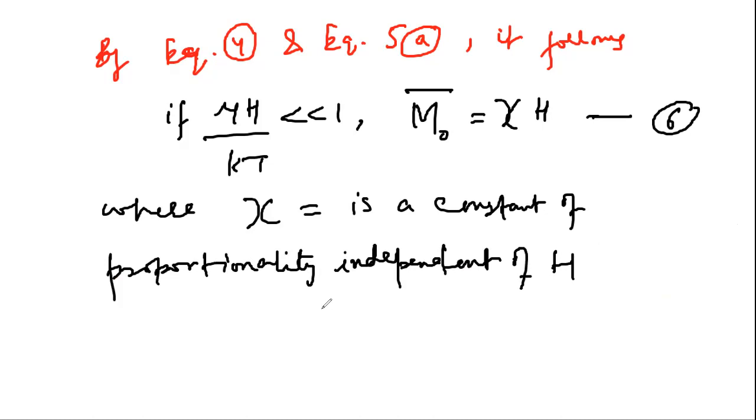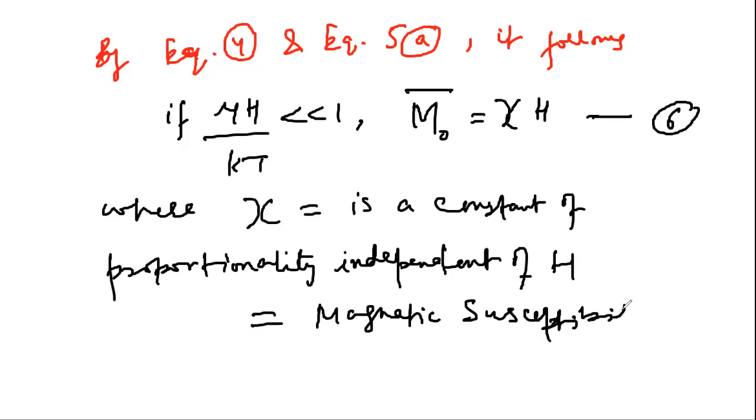It is called magnetic susceptibility of the substance. This magnetic susceptibility of the substance.